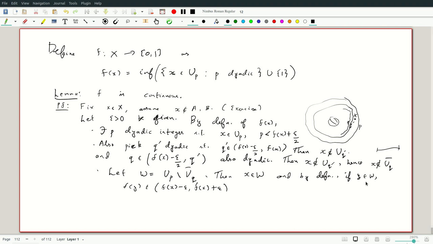First, the upper bound is by definition: y is contained in U_P, and it's not contained in the closure of U_Q, and so it's not contained in U_Q, which means that f of y is actually greater than Q. So it's not contained in the closure of U_Q, it's certainly not contained in U_Q. So the infimum can be at most Q, it can't be strictly less than Q, or we get a contradiction, and so we see that f of y is here.